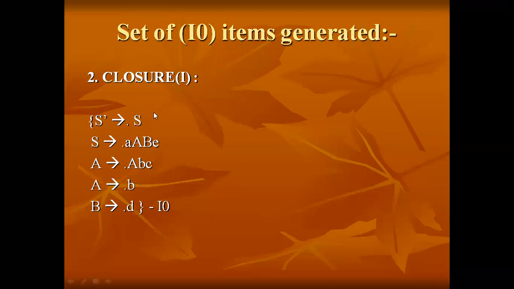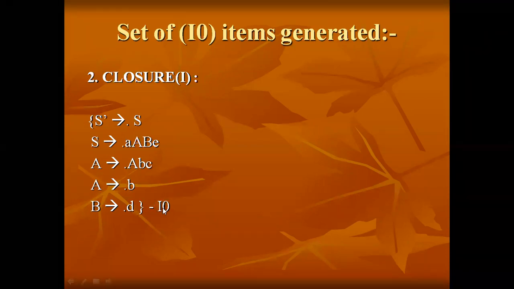Now I have to give a name to this set of collection. I am collecting the items, I means items, so I am performing the closure operation for the items. These are all the items here. These are all the set of rules in one item, and I am naming it with sequence number 0, I naught.